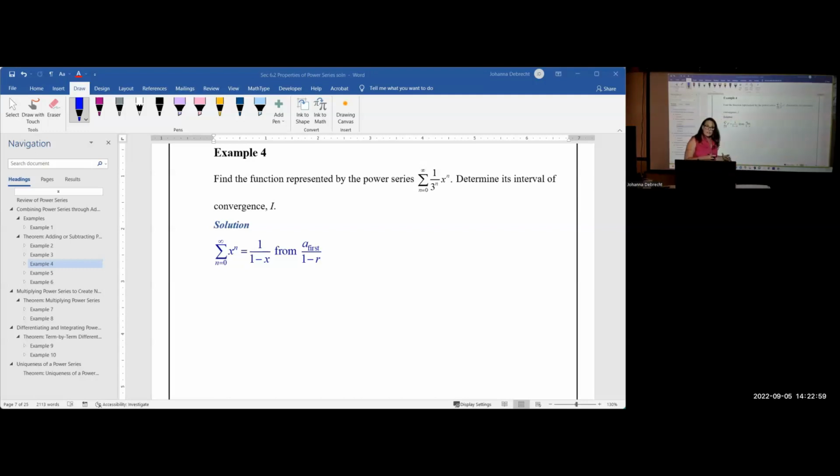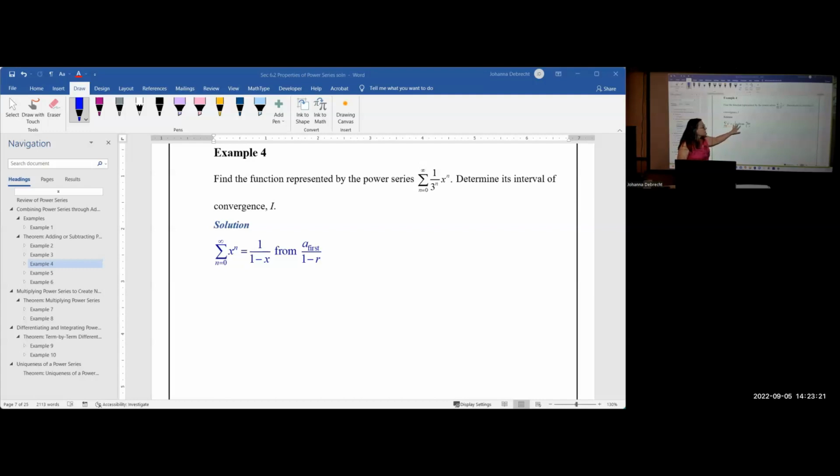Now, we're going to start with the basic power series, which again is the series x to the n starting at n equals 0, which gives us the function 1 over 1 minus x. Remember, we got this because it's basically a geometric series, and this is a first over 1 minus r, where the common ratio is x.